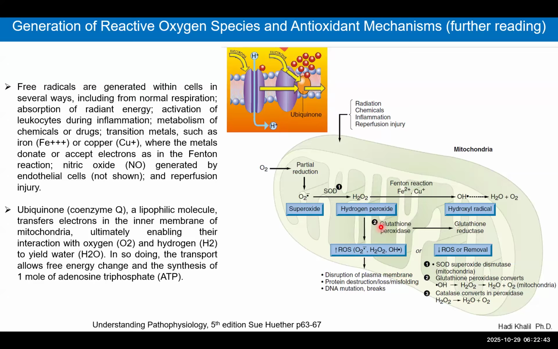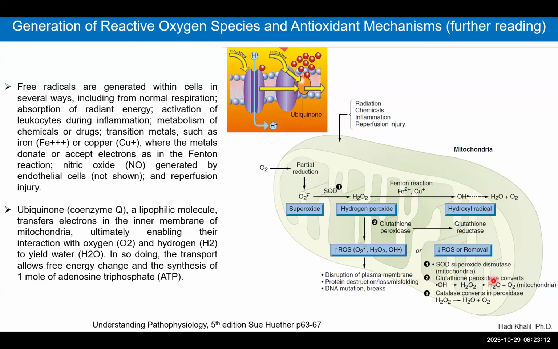So we have here the end process. If this doesn't happen, it will cause disruption of the membrane, protein destruction, loss and misfolding, and DNA mutations and breaks. We described this, but I will show you in this lecture the plasma membrane and the protein destruction.